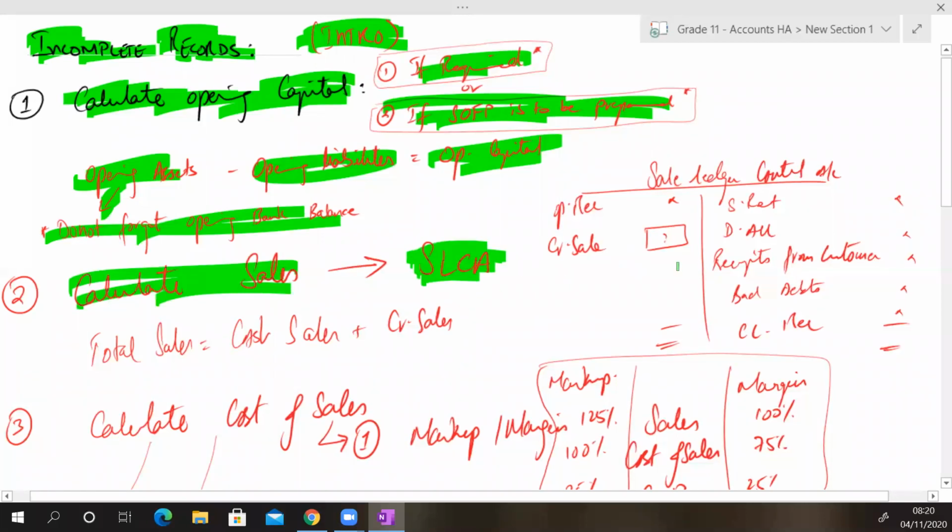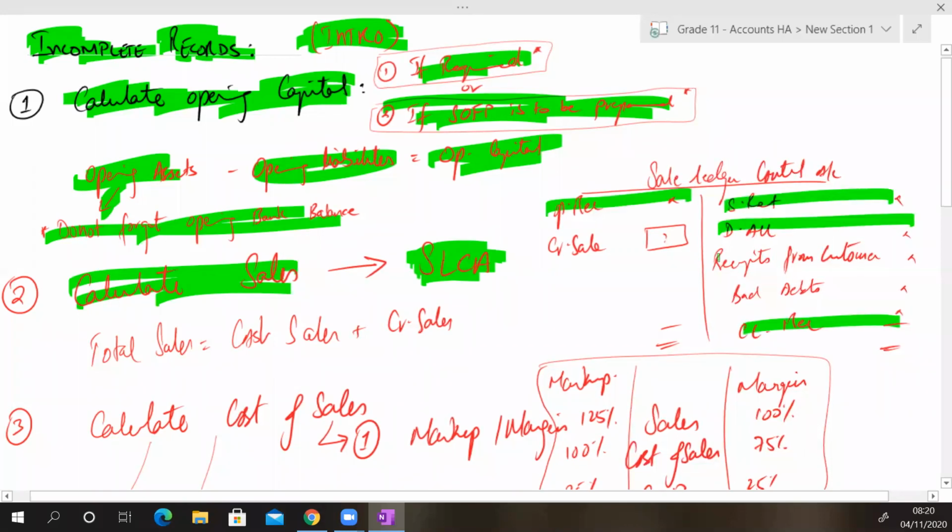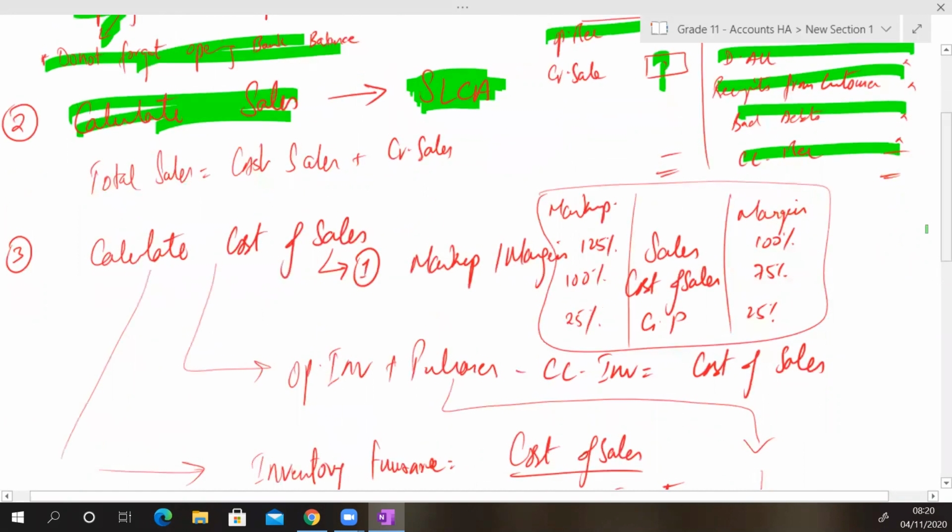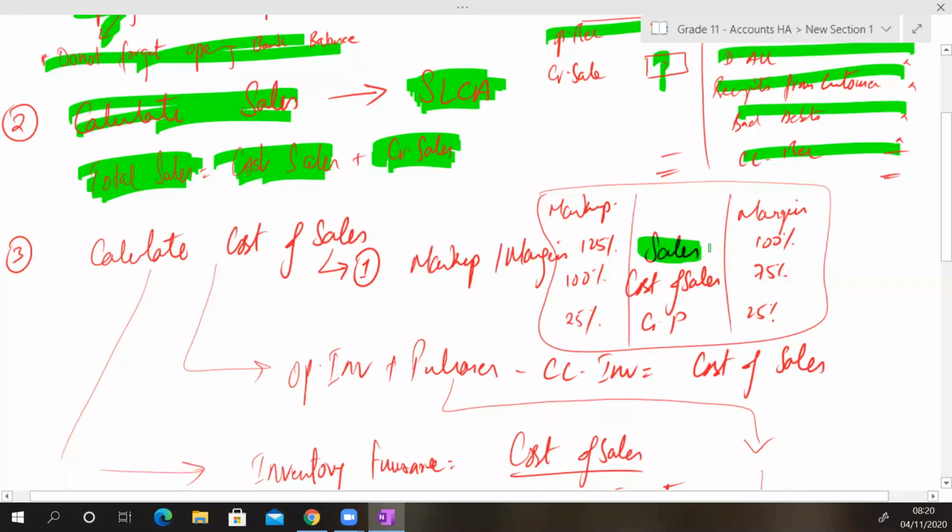Okay. This is how you prepare it. Opening receivables, closing receivables, sales return, discount allowed, receipts and bad debts, and credit sale will be calculated here. Then you have to calculate total sales, which is cash sales, if there is any, plus credit sale. After that, if a markup and margin is given, then you apply it to the sales value and you can always calculate cost of sales.